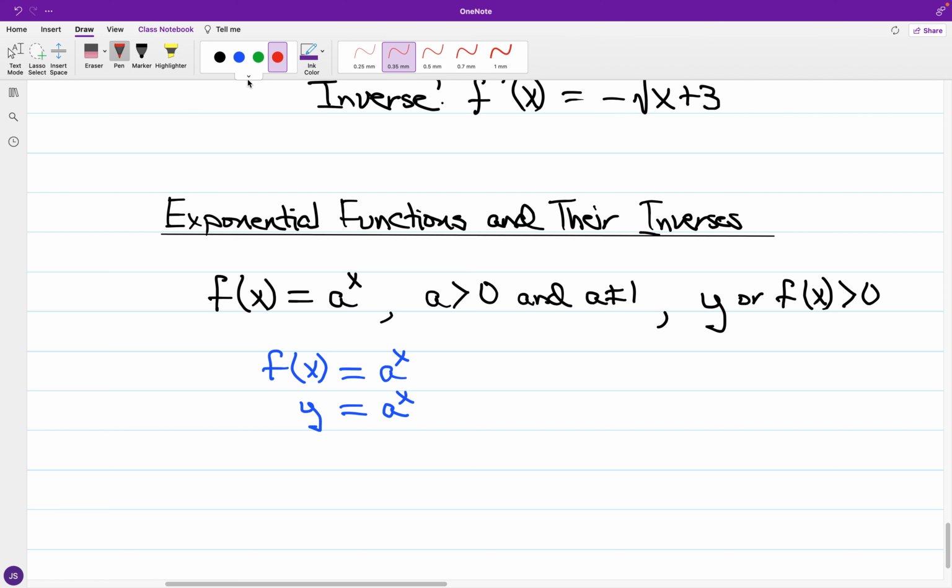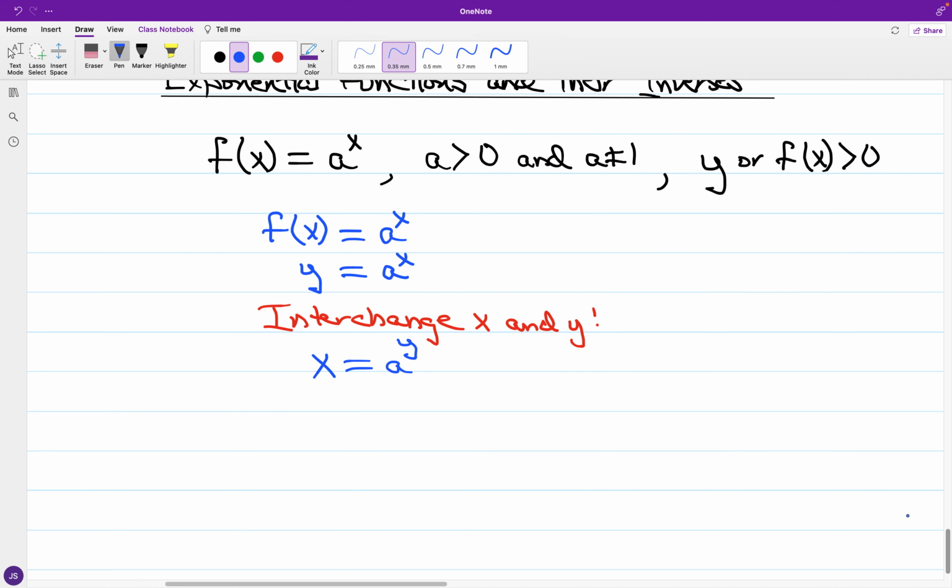Again, when we had interchanged the variables, we couldn't do it through the conventional operations to express in terms of y, like by adding, subtracting, multiplying, or dividing. So when we had crossovers to the interchanging, we had x is equal to a to the y.